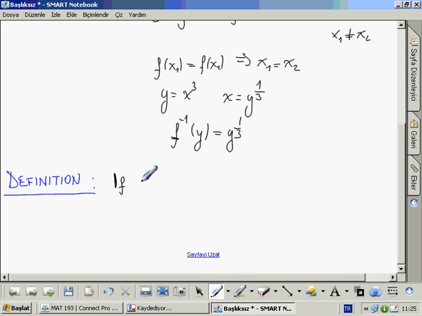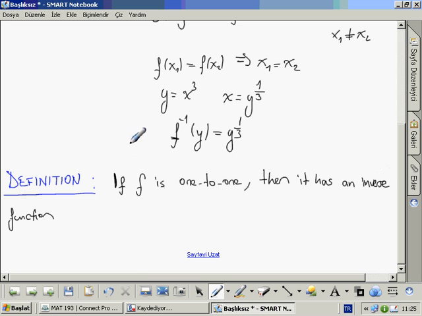If f is 1 to 1, then it has an inverse function f to the minus 1, and y equals inverse f of x if and only if x equals f of y.